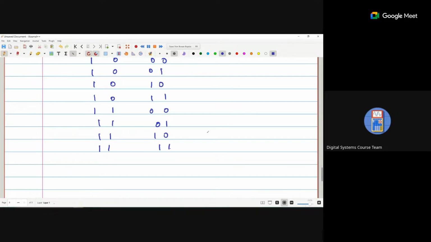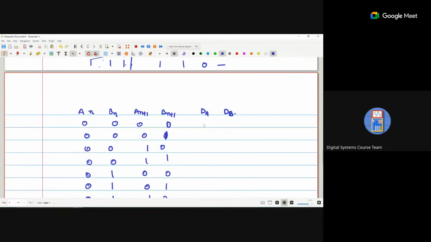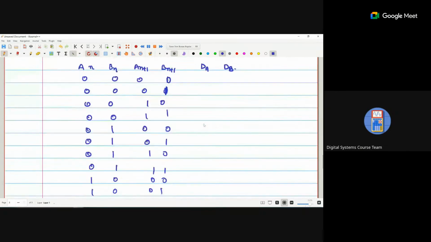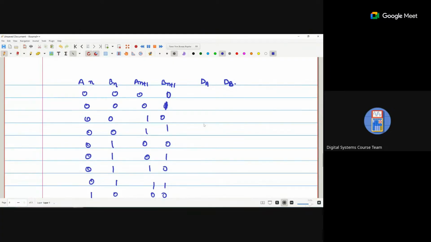Okay, so for the 4 inputs, I just create 16 combinations. Now we draw the excitation table of the D flip-flop. D, Qn, Qn plus 1: 0 0 0, 0 1 1, 1 0 0, 1 1 1.